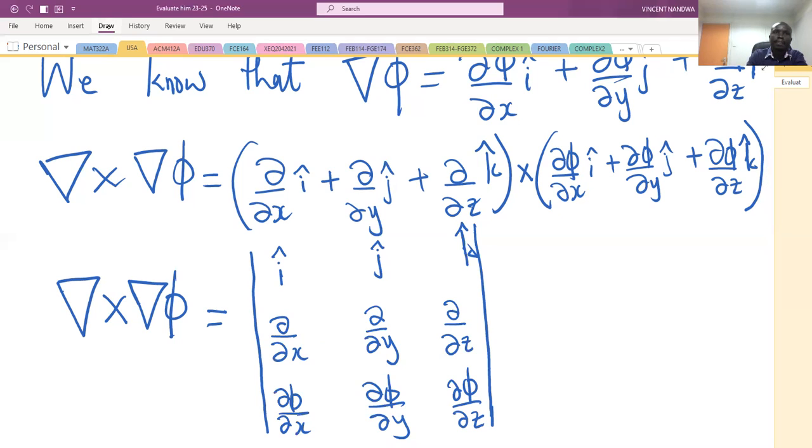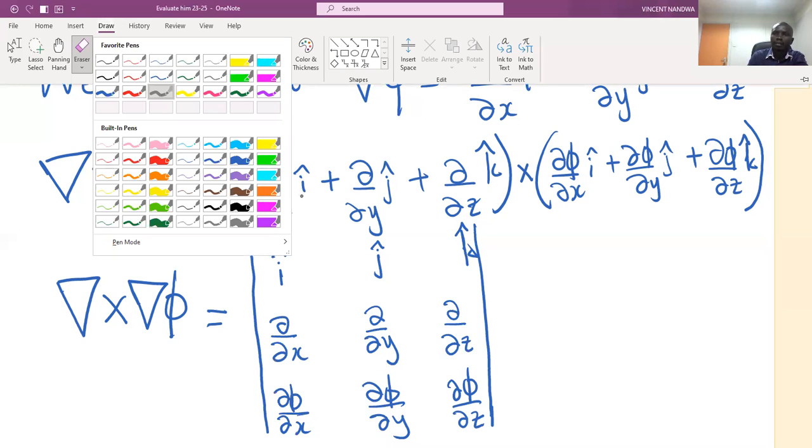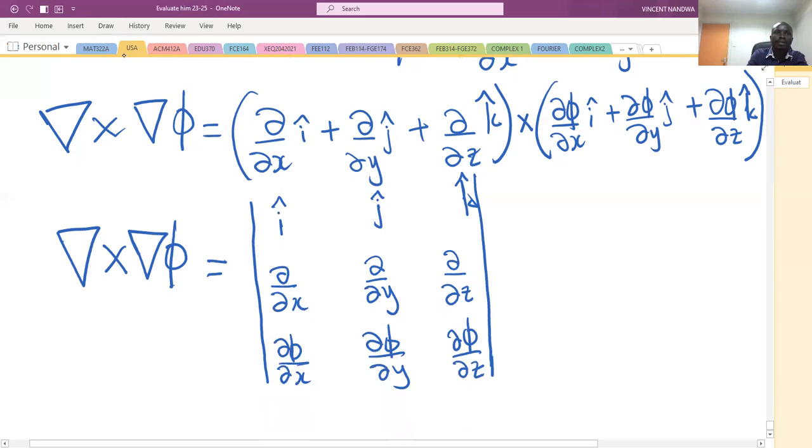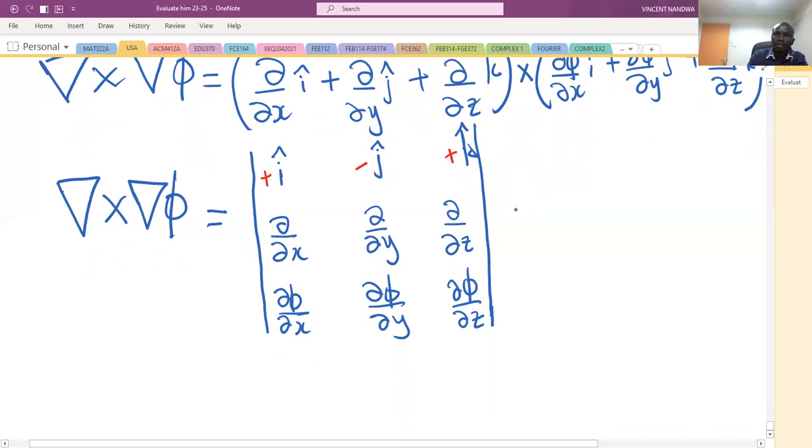So the next thing is now to evaluate this determinant, knowing that this one has a positive sign, negative sign, positive sign. So we'll have this equals i, determinant, delete i row, i column.